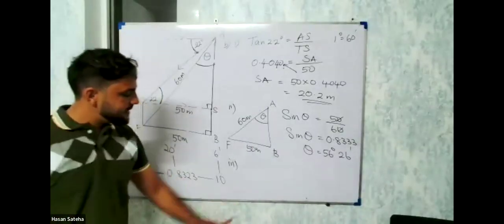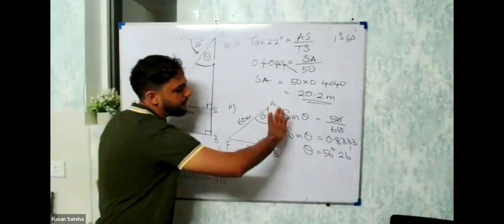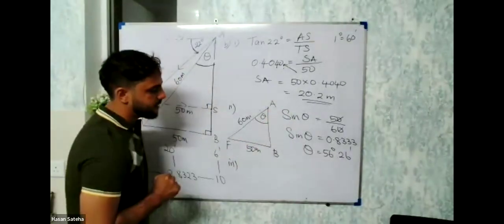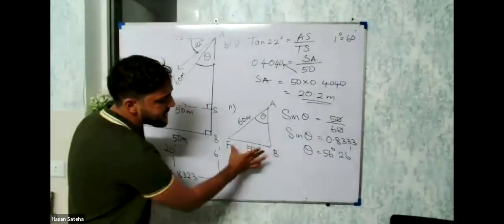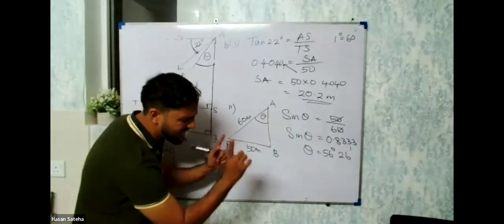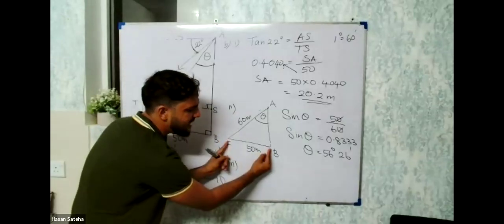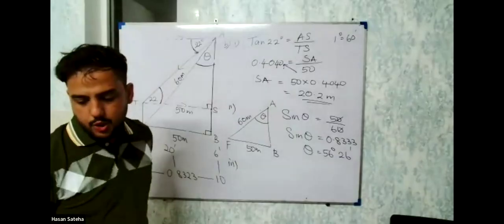Now here, the easiest way to do this is, see here, they're telling you to compare this value and this value. Why? FB is greater than AB, right? Now tell me, which ratio relates FB and AB to this angle here? What ratio out of the three?